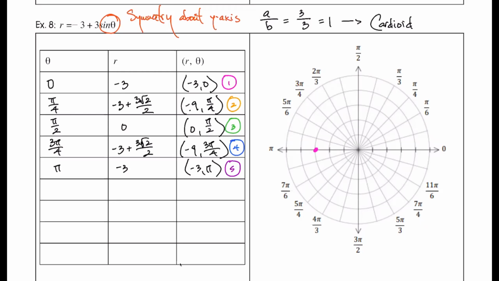So I'm going to go to the orange one. I'm going to go pi over 4, but I'm going 0.9 in the opposite direction. So like here. I'm going to go to pi over 2, but I'm going 0 out, so that's going to stay at the center.